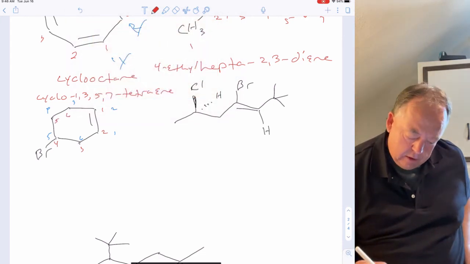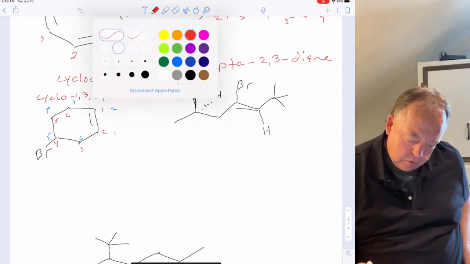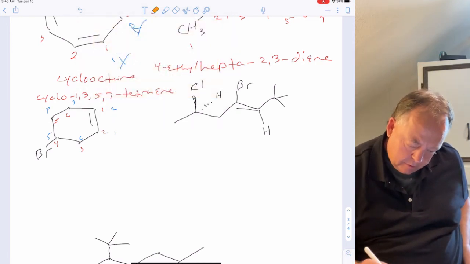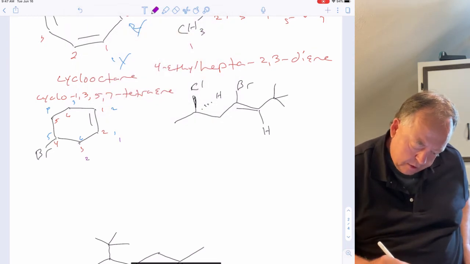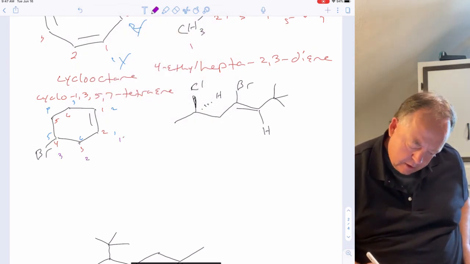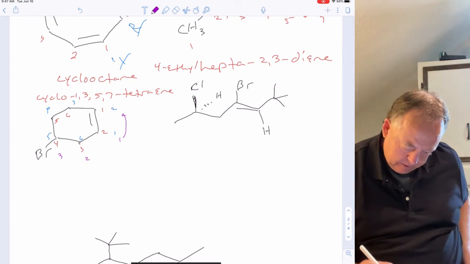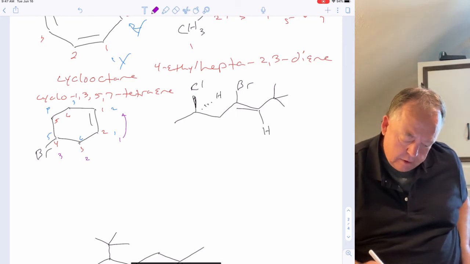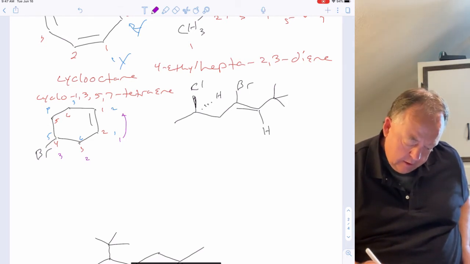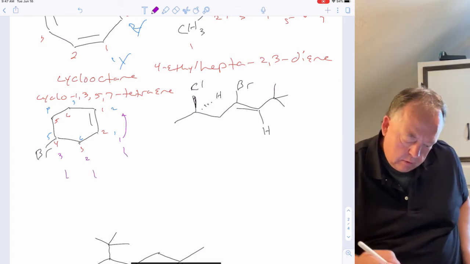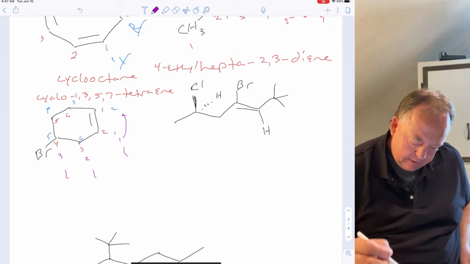So the red is better than the blue, but what is also not correct is if we numbered this carbon 1, we can't go 1, 2, 3, because again, you have to number through the double bond. So if this purple is number 1, then you have to number through the double bond, and that would match then the blue. So we can't go 1, 2, 3 that way, because you have to go through the double bond. So the best numbering scheme is going to be what's in red.